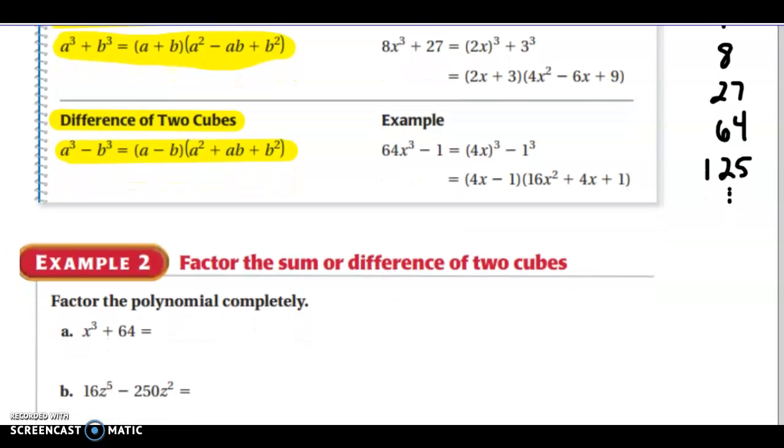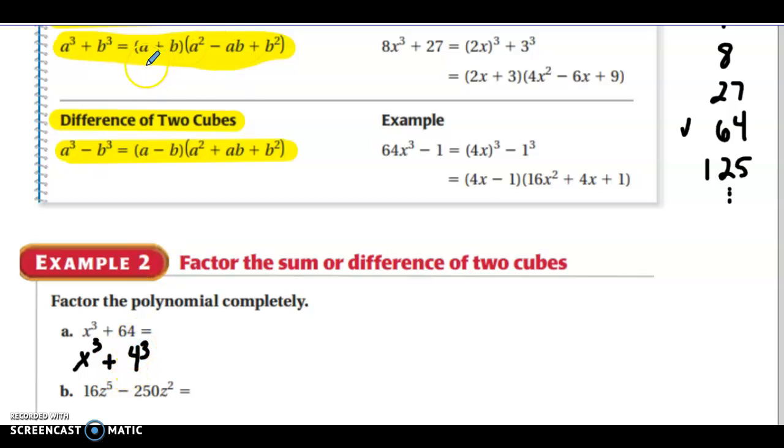So if I look at this first example, I see a plus, I see an x cubed, so I'm thinking, well, I hope 64 is a cube, and yep, there it is in our list. So this pattern's going to work. So what's being cubed first is x, and then we now see that 64 is 4 cubed. So that means a is x and b is 4.